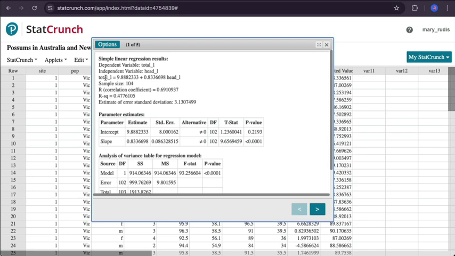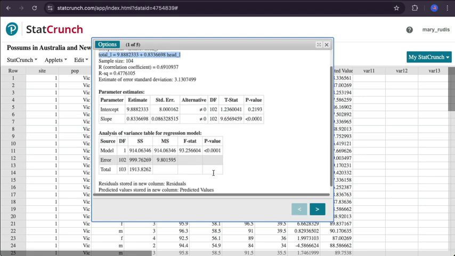And then here's your prediction equation. Your prediction equation says that the total length is going to equal 9.888, or basically 9.89, plus 0.83 times the head length. So the slope and the y-intercept of your prediction equation is right there. Okay.